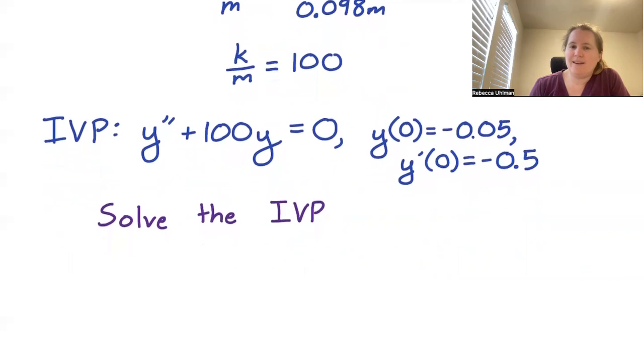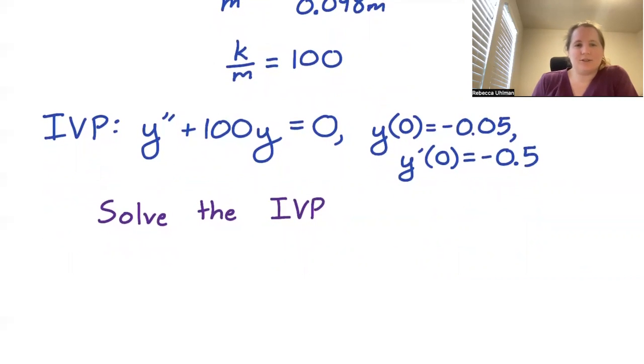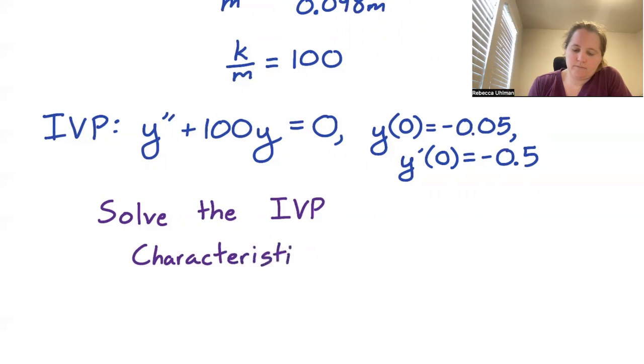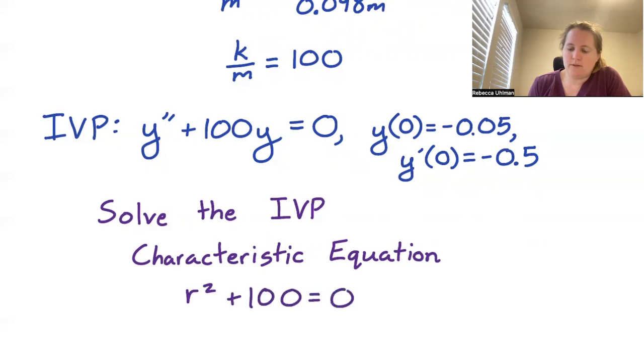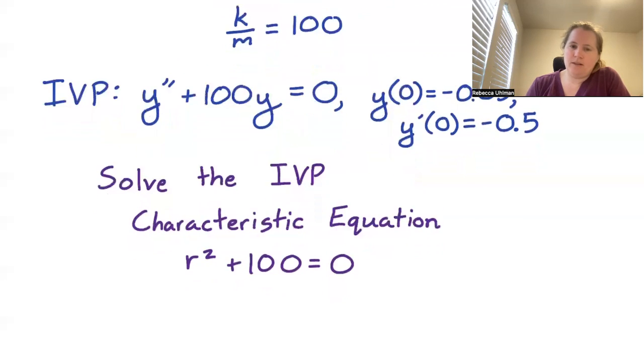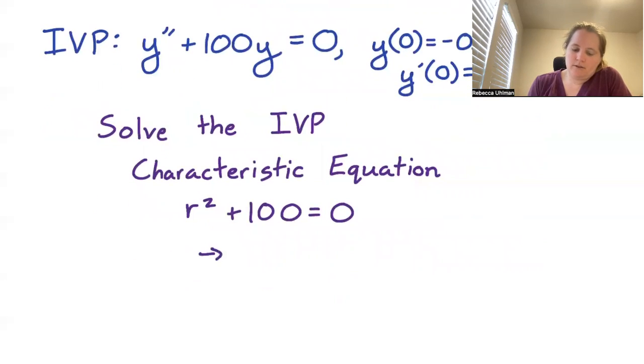I picked my initial stretch of 9.8 centimeters just to make it so this IVP has very nice round answers. So we have our characteristic equation, r squared plus 100 is equal to 0. And this therefore means that r squared is negative 100.